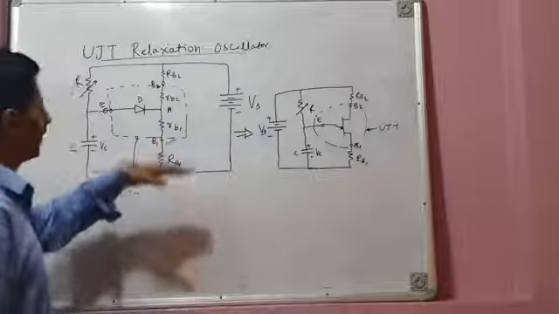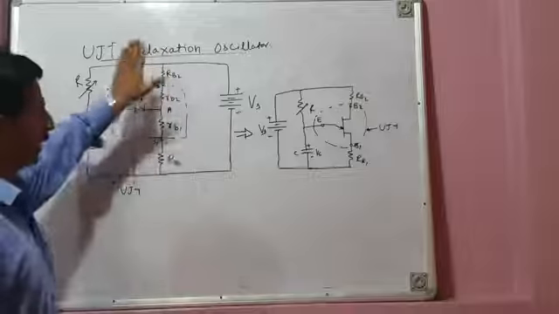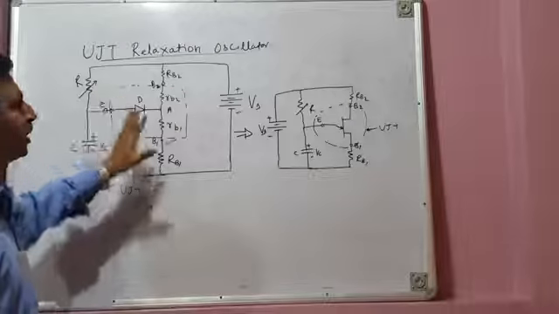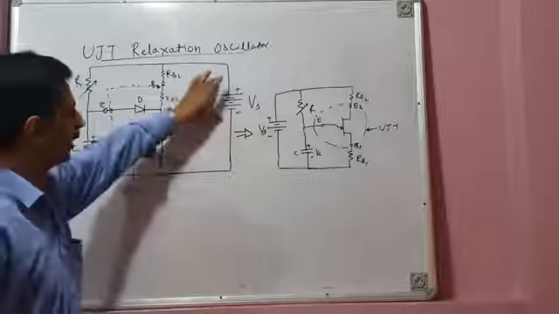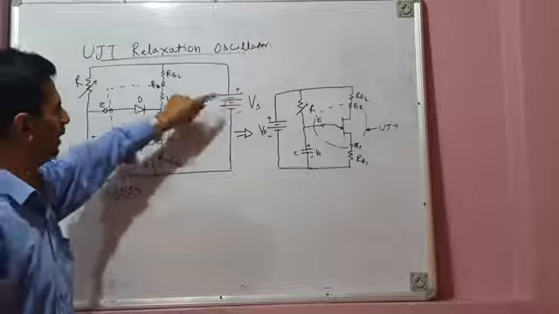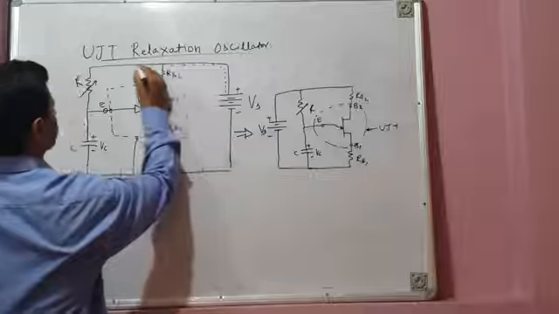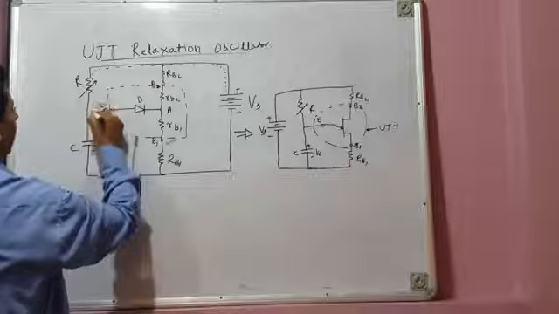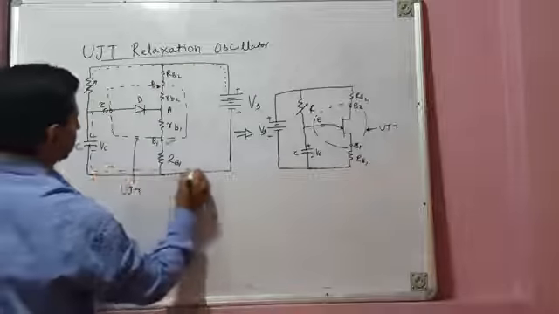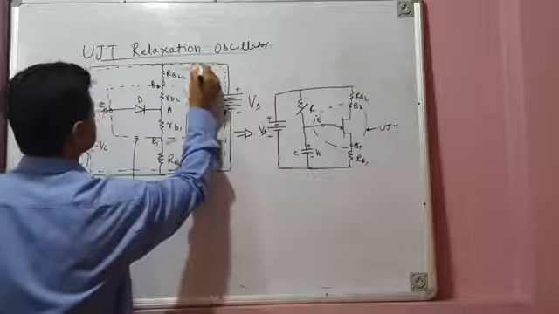Let's come to this diagram. Initially, when the UJT is in the off state, the DC voltage is applied here, and because of this, a charging current flows through R and through C like this. I'm showing the dotted line. This is the charging current.